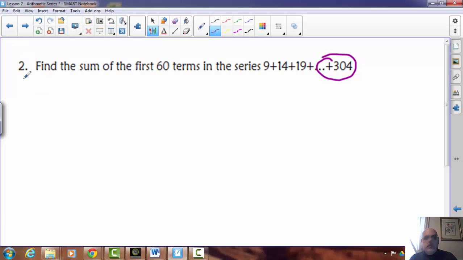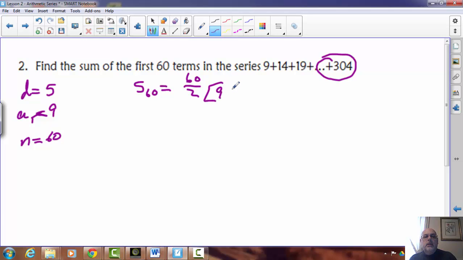Okay, so D is 5, first term is 9, N is 60. Okay, so the sum of the first 60 terms is equal to 60 over 2 times 9 plus 9 plus 60 minus 1 times 5.